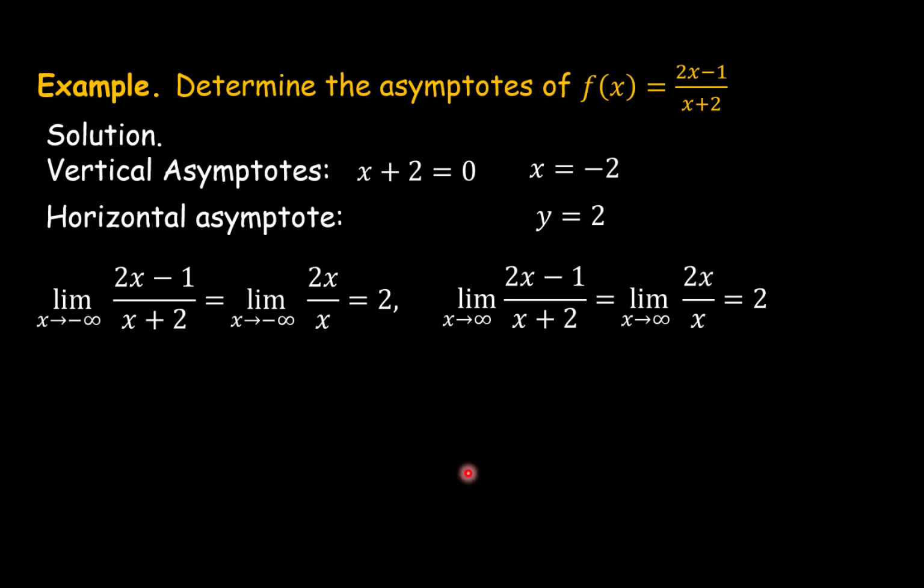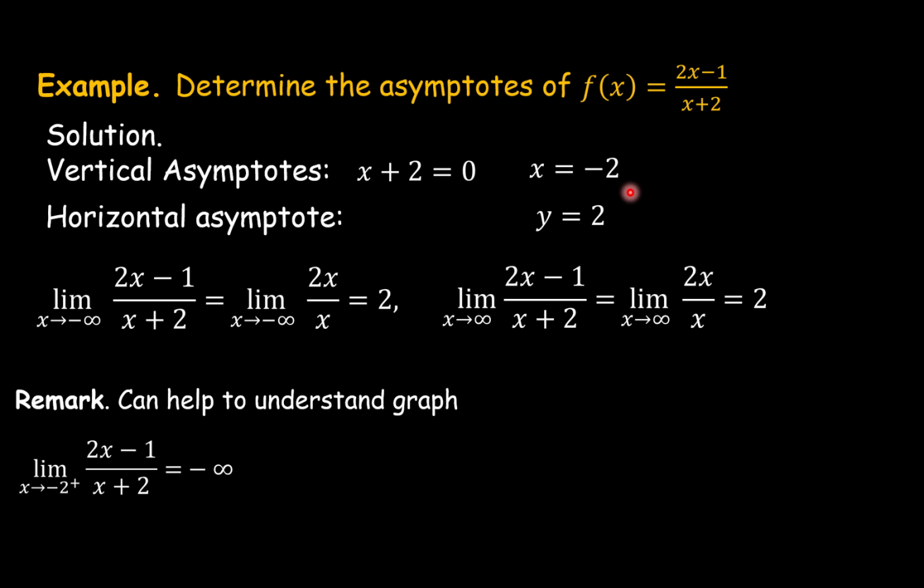I would like to give a remark on how these asymptotes can help us better understand the graph of a function. Here, we know that x equals minus 2 is a vertical asymptote, but we can look deeper to understand the limits as x goes to minus 2 from the left and from the right.